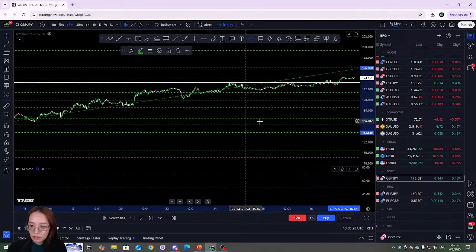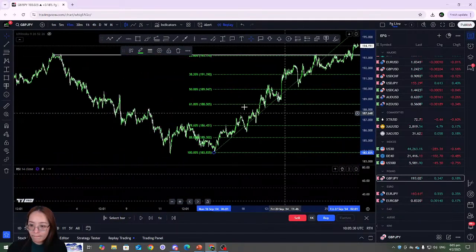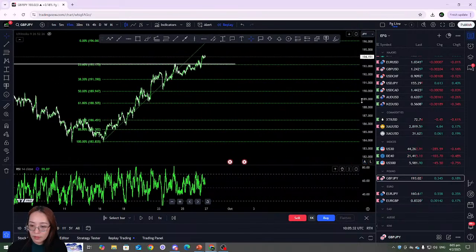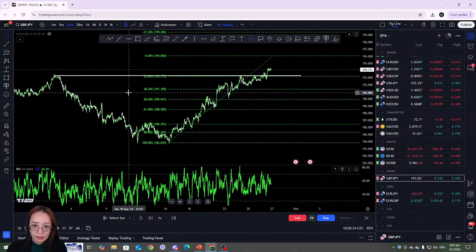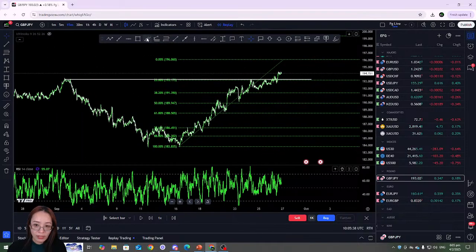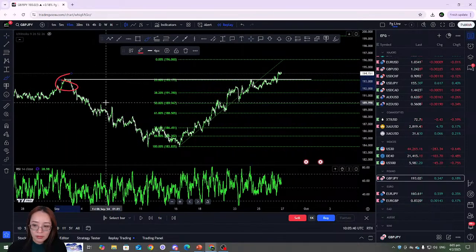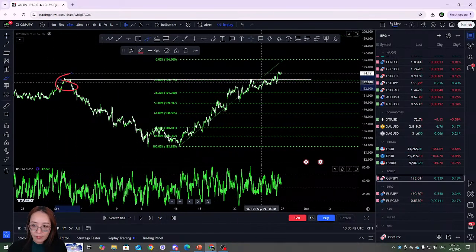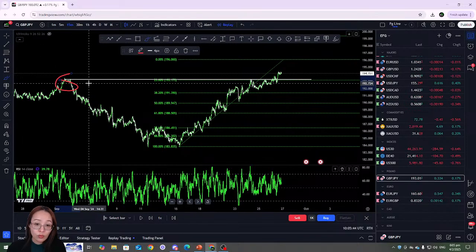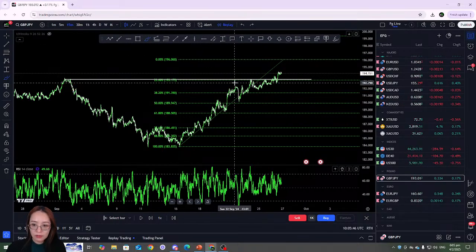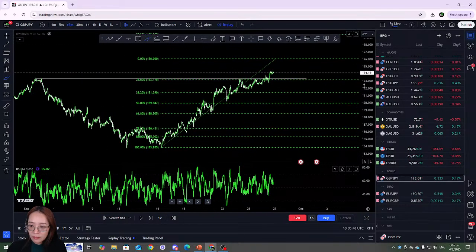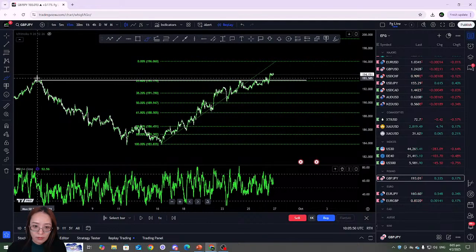Okay, go to M15. Based on M15, this used to be a resistance level. Right, this is your resistance level, and now price has broken above, it becomes your pullback support. Everything is going to be a pullback support level.